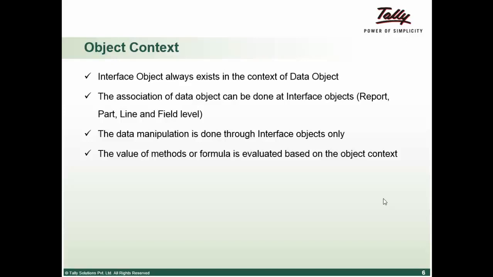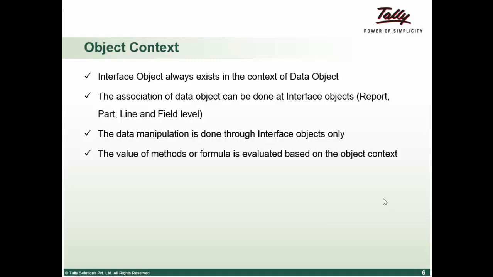The association of the interface object with the data object can be done at report, path, line and field. This means it is not necessary that you have to do it at all the interfaces.